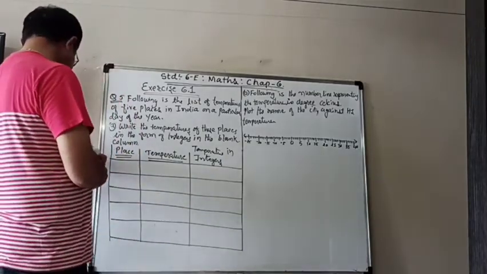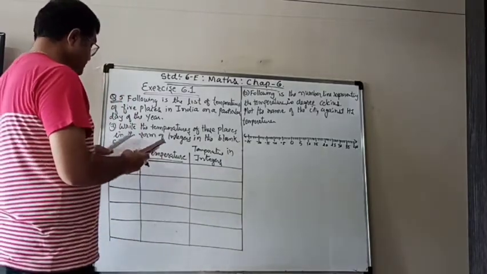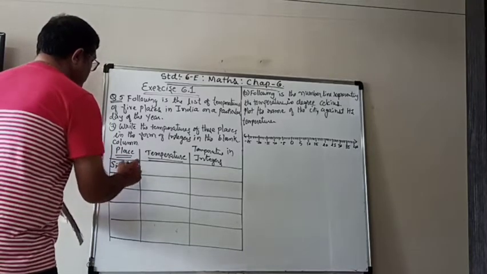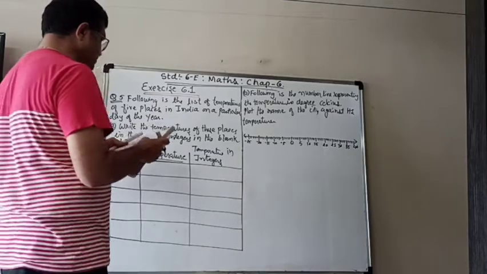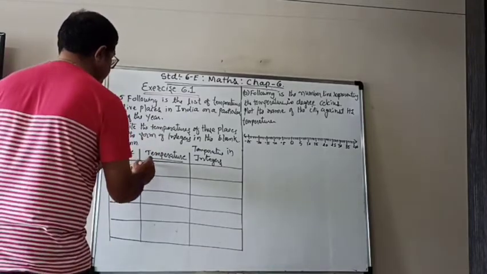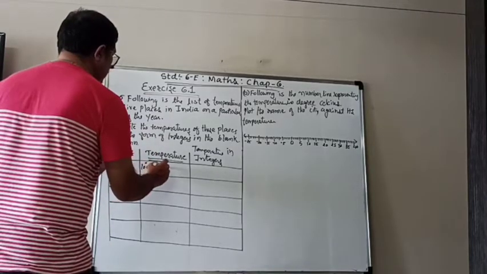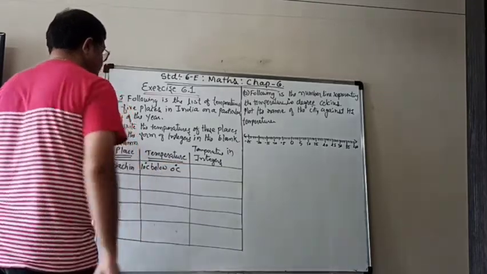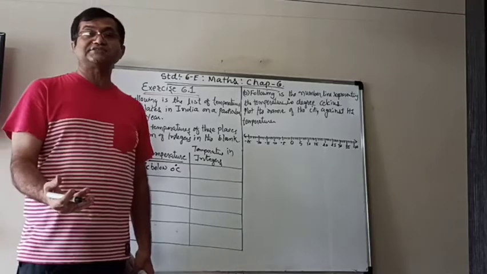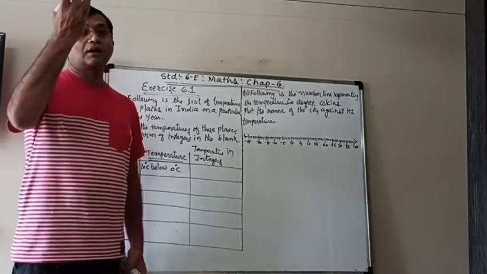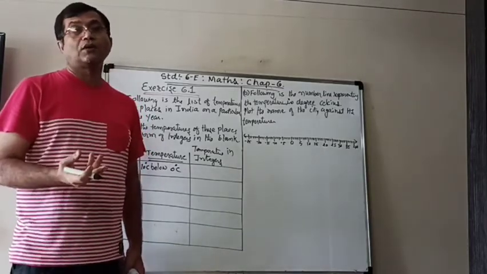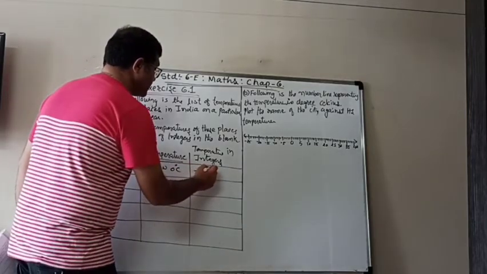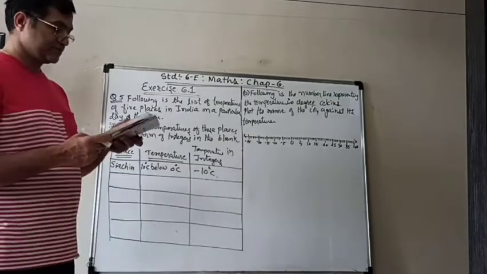The first place is Siachen, and the Siachen temperature shows 10 degrees Celsius below 0 degrees Celsius. Below means minus, so it will be minus 10 degree Celsius.